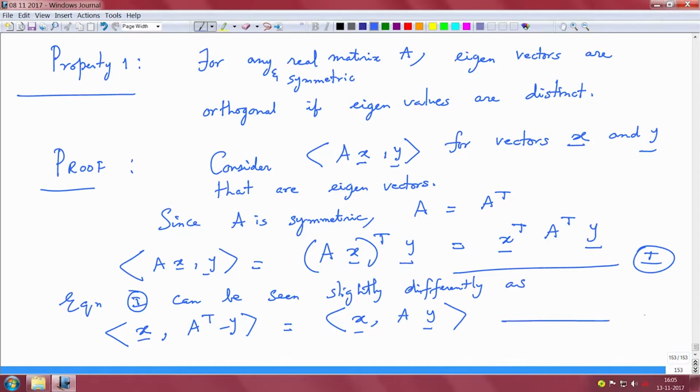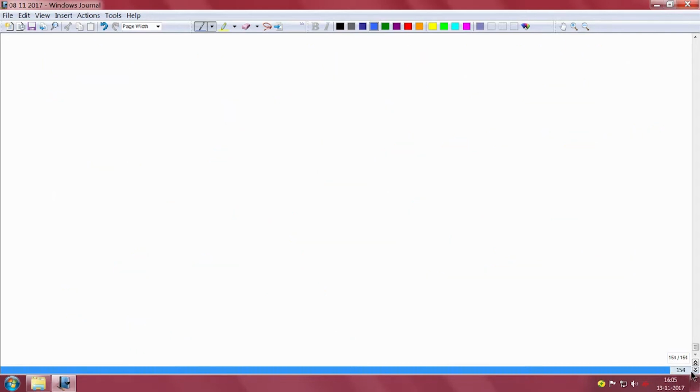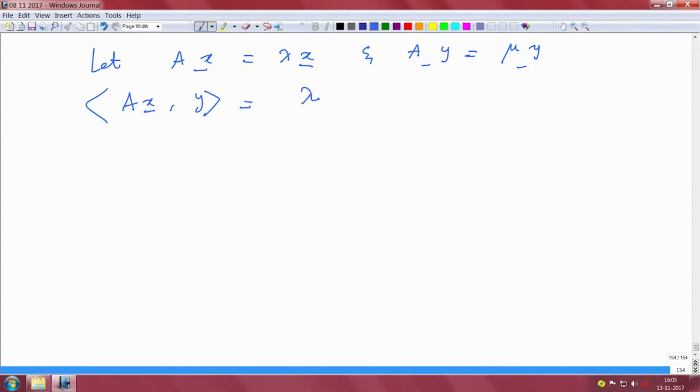So, let us call this equation 2. Let Ax equal lambda x and Ay equal some mu y. Now, Ax with y is basically lambda, because Ax is lambda x, right.